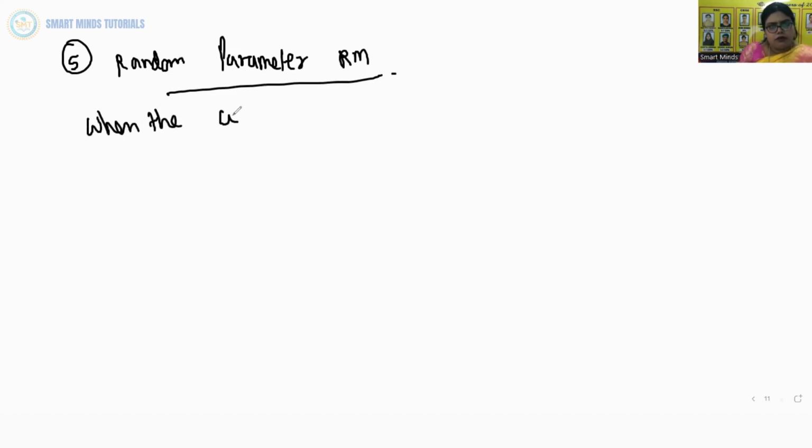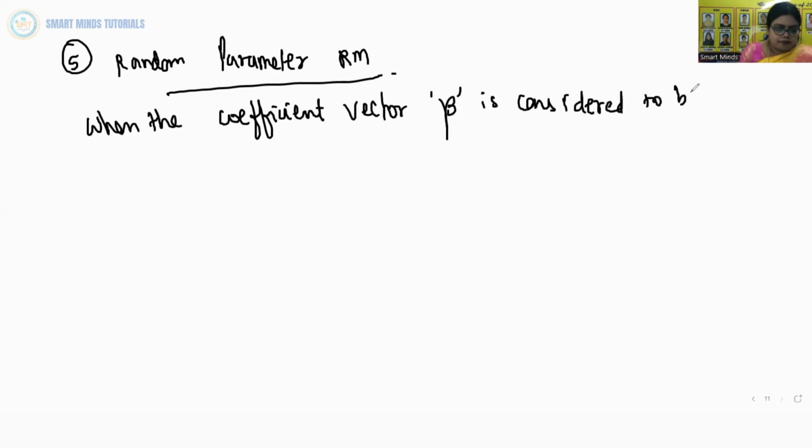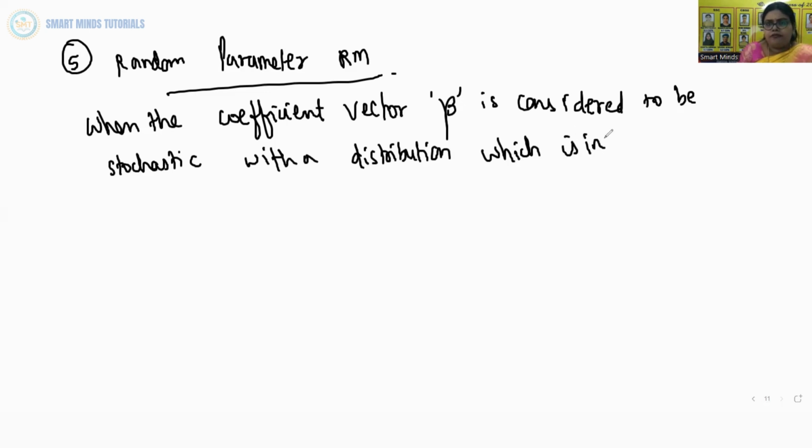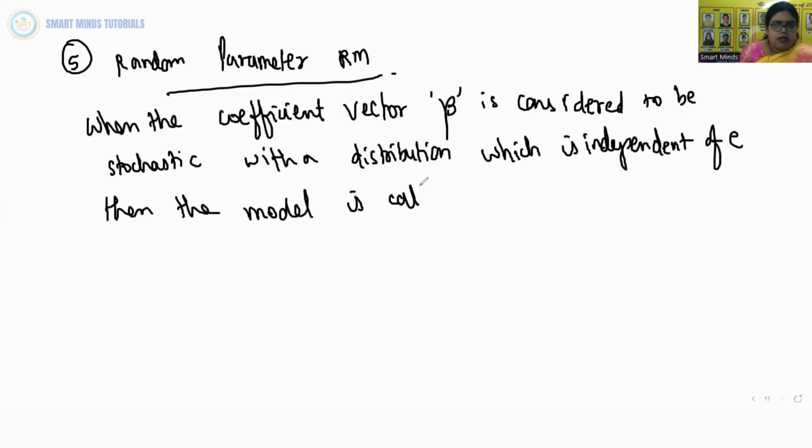When the coefficient vector beta is considered to be stochastic, as we understood from the third type of regression model, with a distribution which is independent of E, then the model is called random parameter regression model.